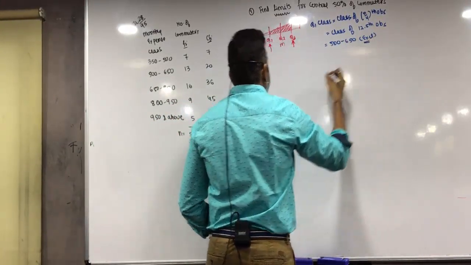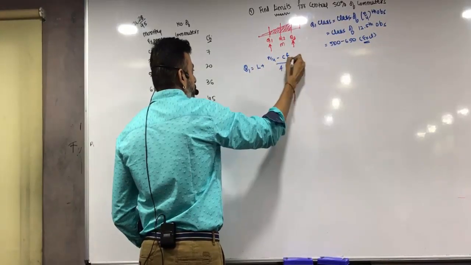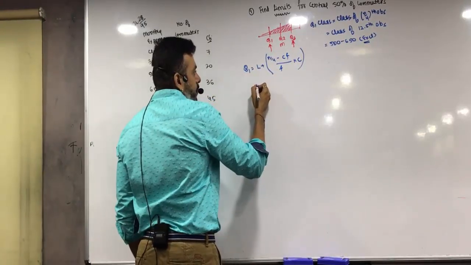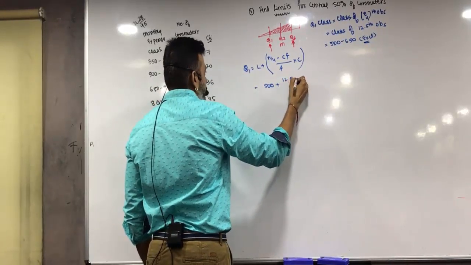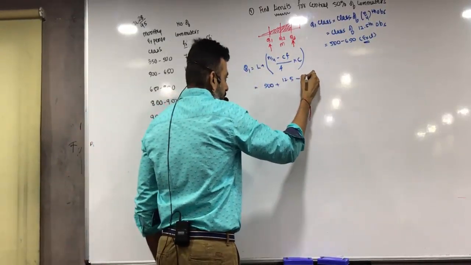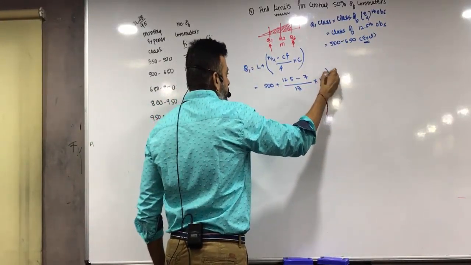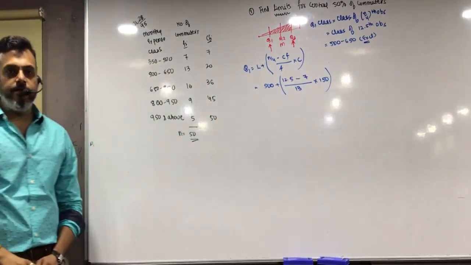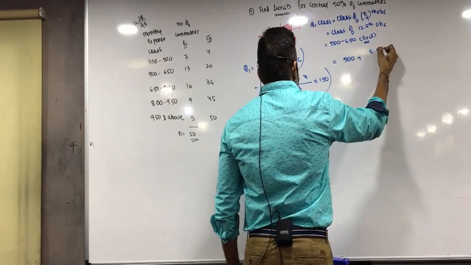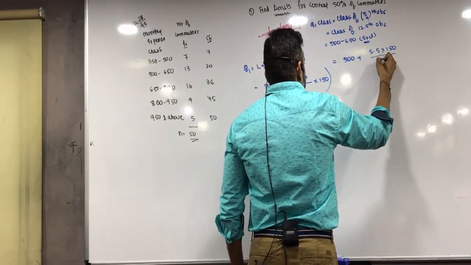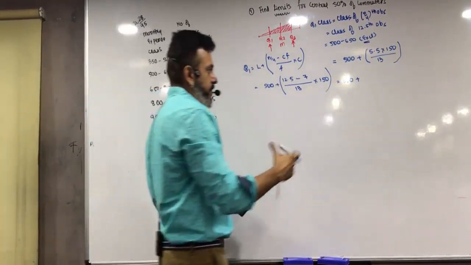Exclusive. Don't forget this. So Q1 is equal to L plus (n by 4 minus CF) upon F into C, which is equal to, what's the lower limit? 500 plus (n by 4 is 12.5 minus CF of the class preceding the Q1 class, which is 7) upon frequency 13, into class length 150, which is equal to 500 plus 63.46.